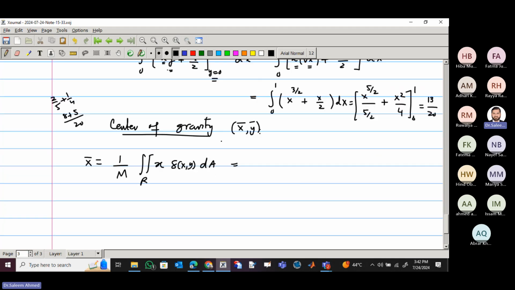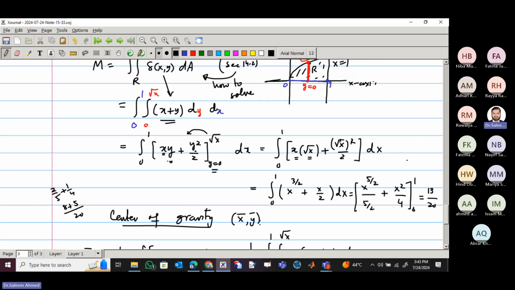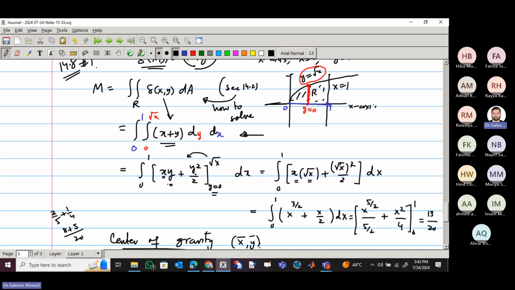In the formula, 1 over mass double integral, I already know the limits 0 to 1, 0 to square root of x. The only thing is I will multiply x with the density function. This is the only difference, dy dx. You see, I wrote the same integration here, only an x comes here and x comes here, in my center of gravity.